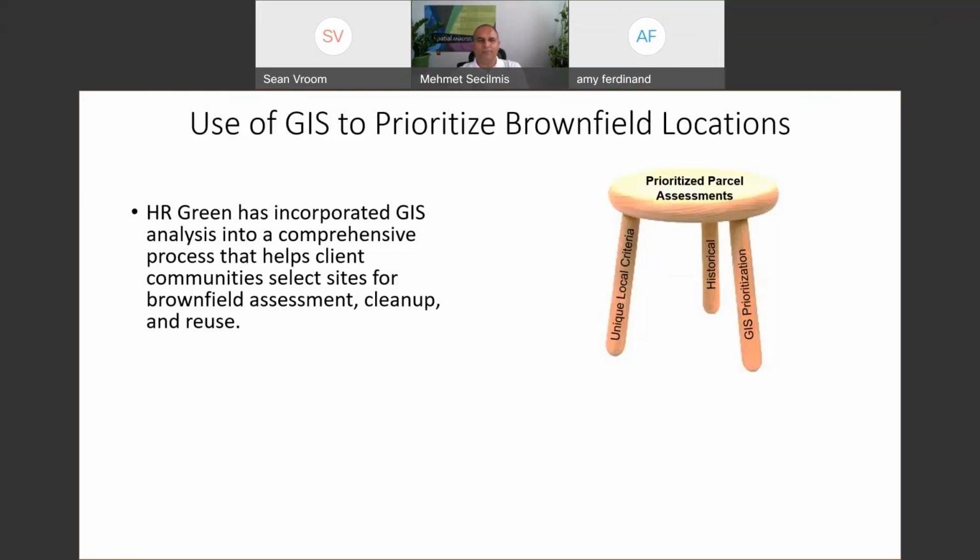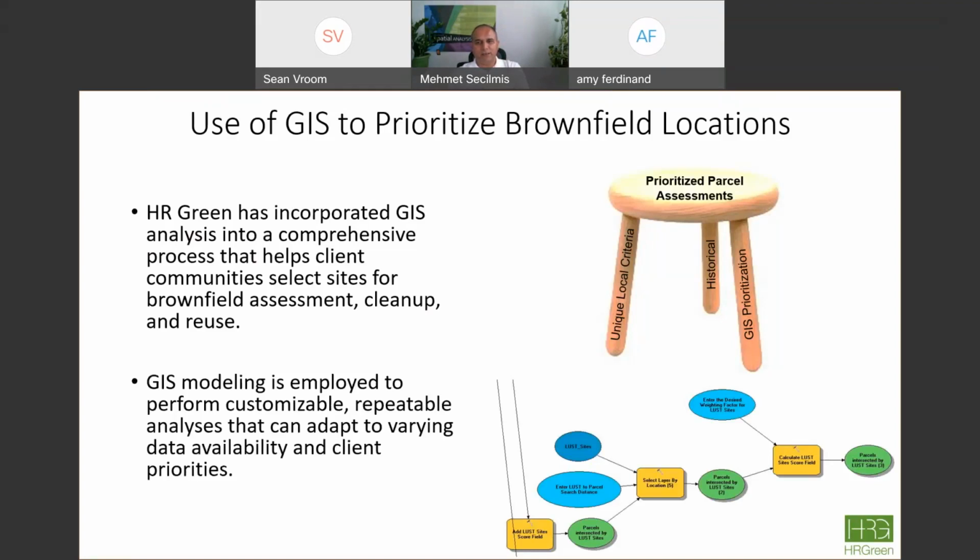And the historical leg is done by an environmental scientist and planner, typically looking into the history of the site, how it was used before, and what the environmental risks are for redevelopment. And then for GIS prioritization they use Esri's ModelBuilder for processing. The GIS model was used so that they could streamline this effort. And in the lower right, you see the Esri ModelBuilder application.